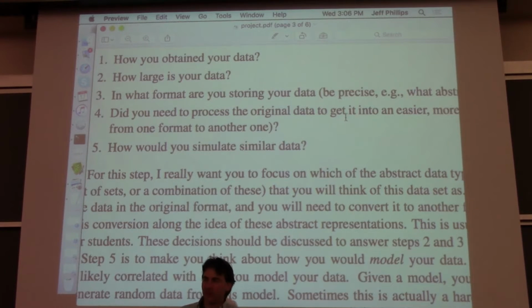If you're representing your data as a matrix, just putting random elements in the matrix might work okay, but you might want to put more structure in there. For matrices, we'll talk about SVD and PCA, and that may be helpful later.